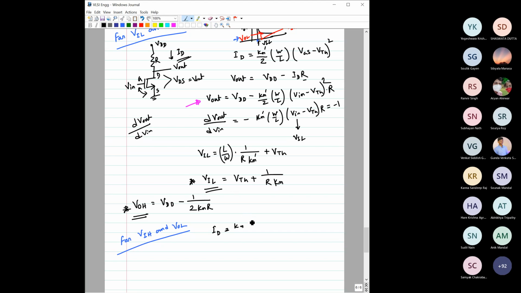So Kn into (VGS minus VTH) into VDS minus VDS square by 2. Obviously you know the V out expression will be the same: VDD minus IDR. It is a type of repetitive work, but still we need to do it.